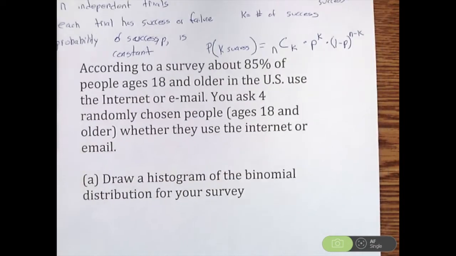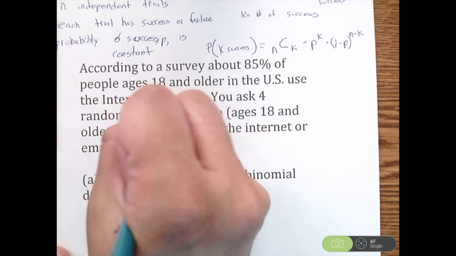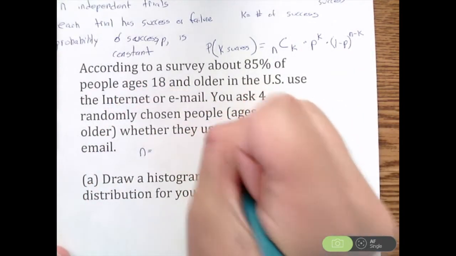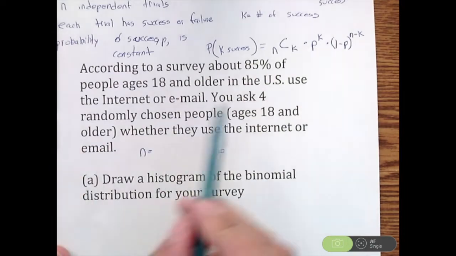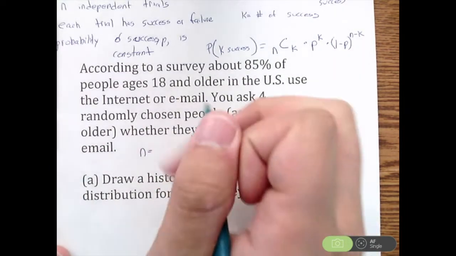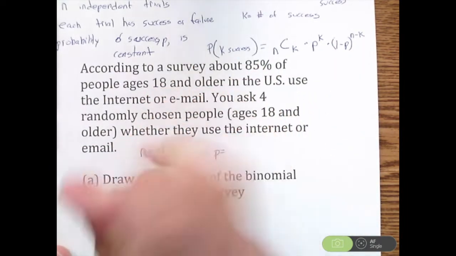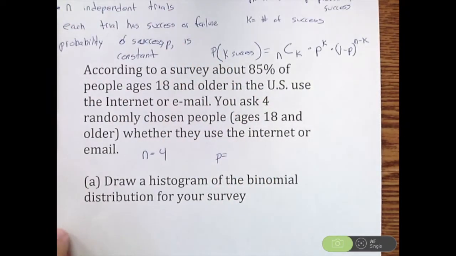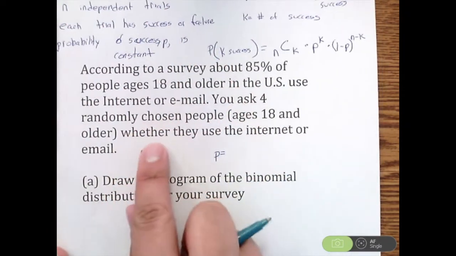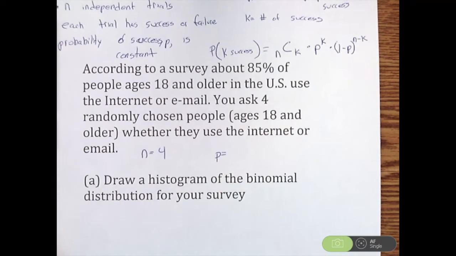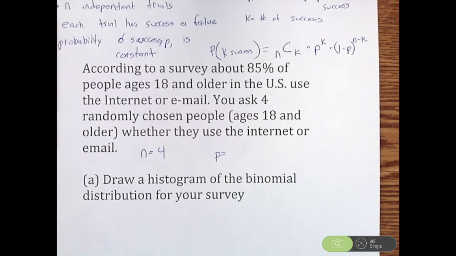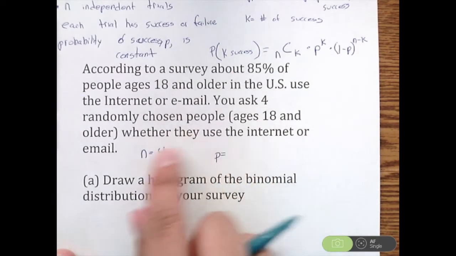First thing I like to do is pick out what n and p are, and make sure this is binomial. So n is 4, since we're asking 4 randomly chosen people. Since they're randomly chosen, that makes it independent. We want to know the number of people that use internet or email.